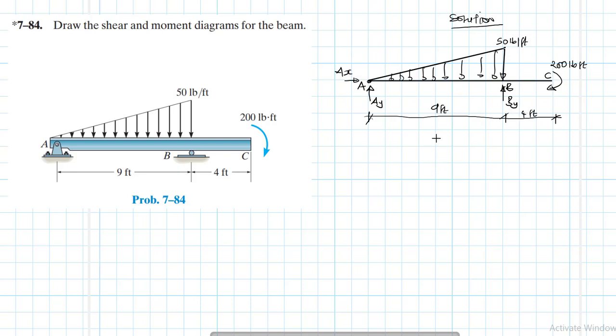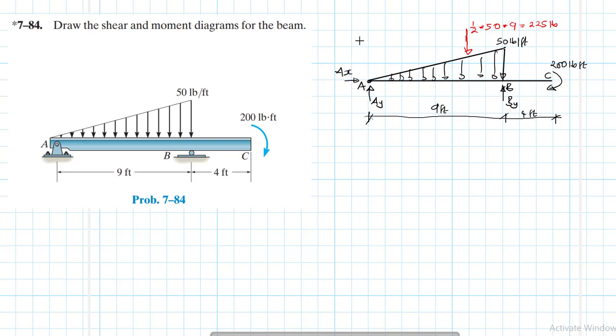Great. So we have an equivalent force from this triangular distributed load, and the magnitude of this force is the area of this triangle, so it's half times 50 times 9, so this becomes 0.5 times 50 times 9, which is 225 pounds.